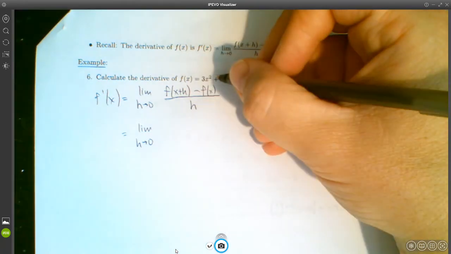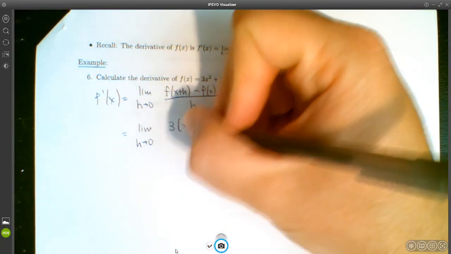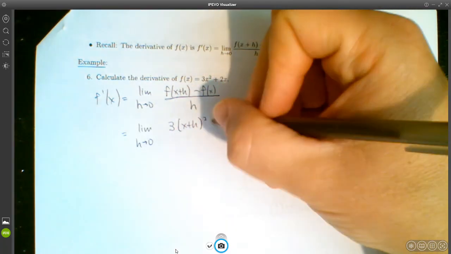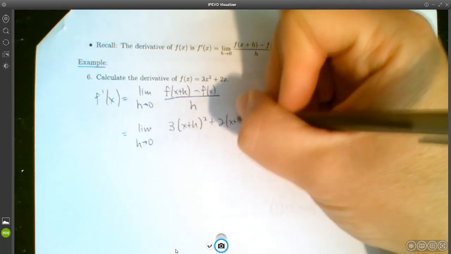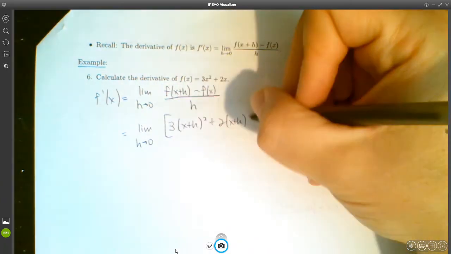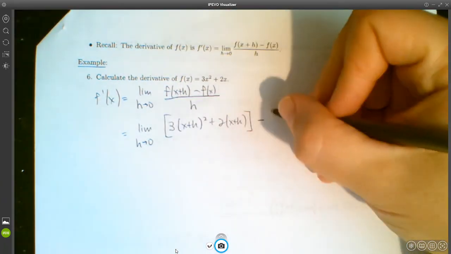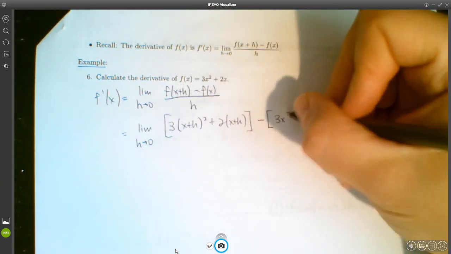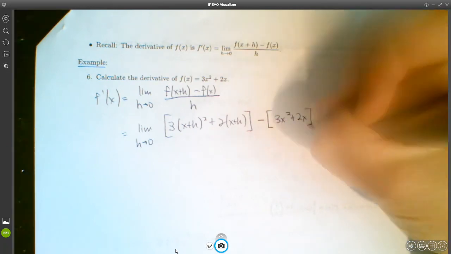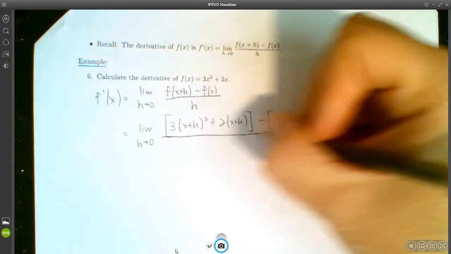I'm going to look at f of x, and everywhere I see an x, I'm going to replace it with x plus h. So this is going to be 3 times x plus h squared plus 2 times x plus h. So there's f of x plus h. Then I need to subtract off f of x, and then I need to divide by h.